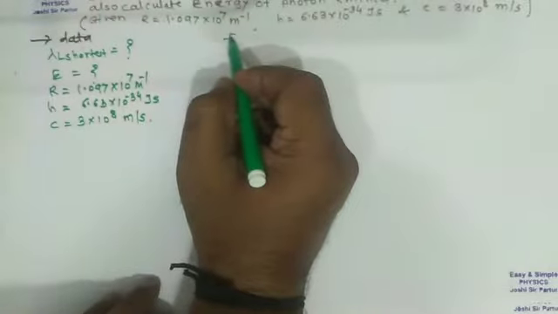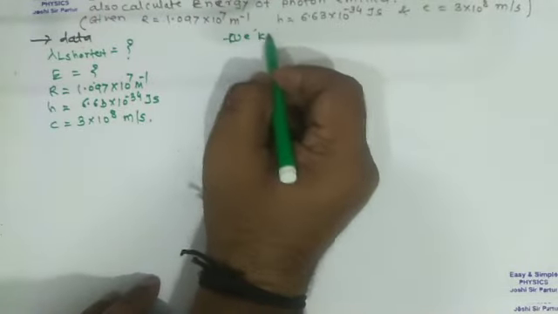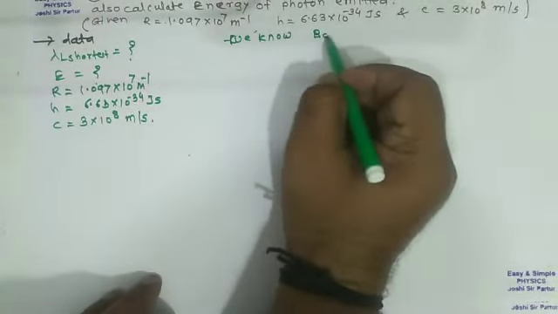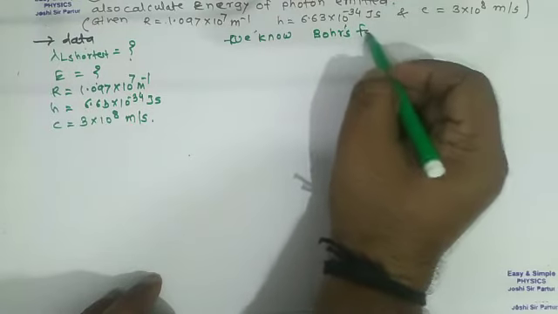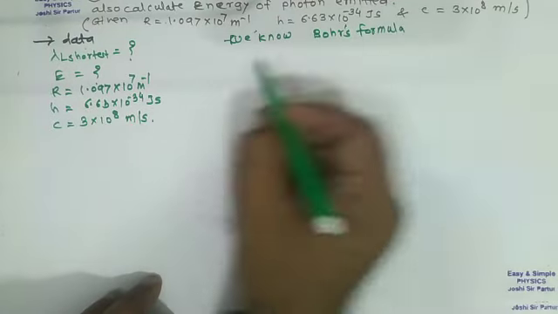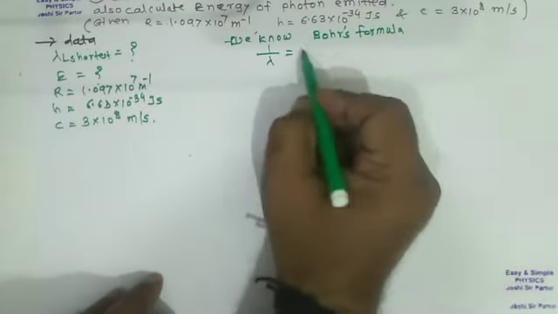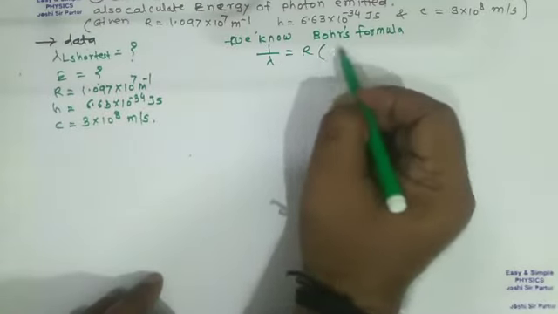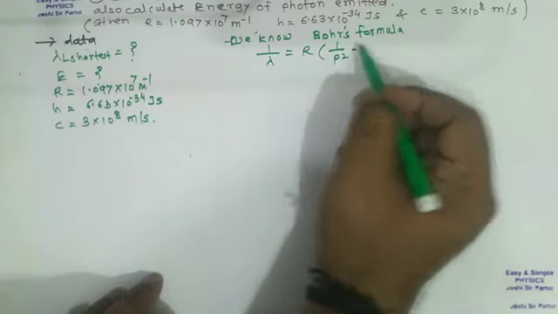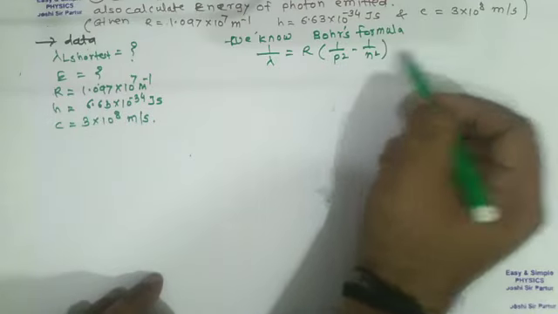So here for Lyman series, first of all we know Bohr's formula. Bohr's formula will be 1 upon wavelength lambda is equal to R in bracket 1 upon P square minus 1 upon N square, where P is inner orbit and N is outer orbit.